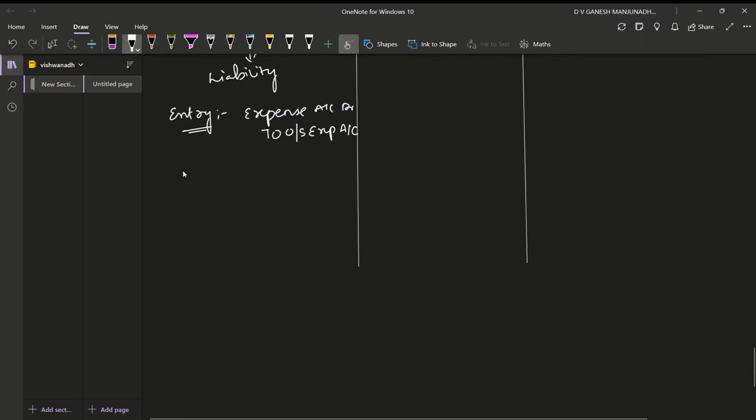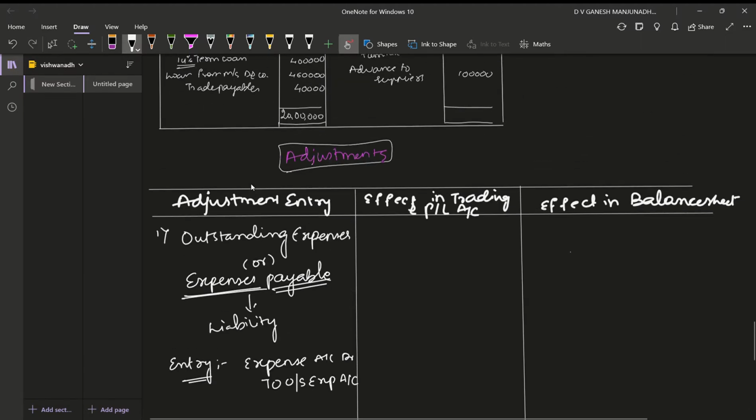Then for every adjustment there are two impacts: impact under income statements, or on position statements.